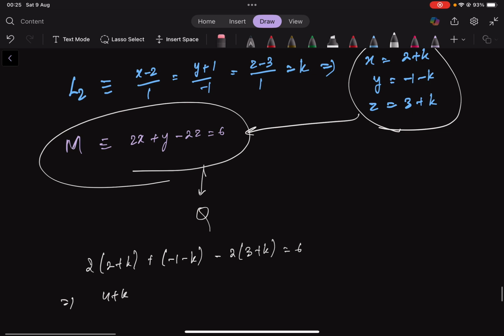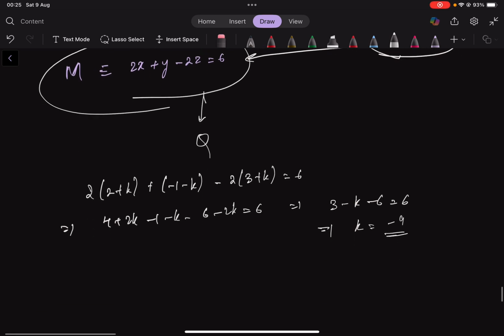So that means 4 plus 2k minus 1 minus k minus 6 minus 2k is 6. That means 3 minus k minus 6 is equal to 6, so k is nothing but minus 9.